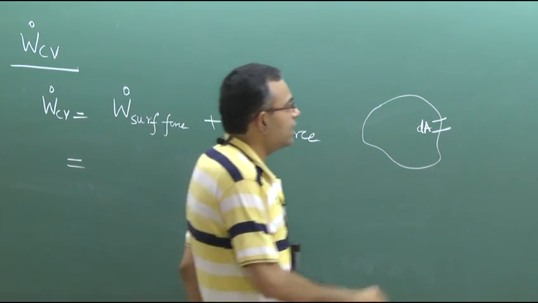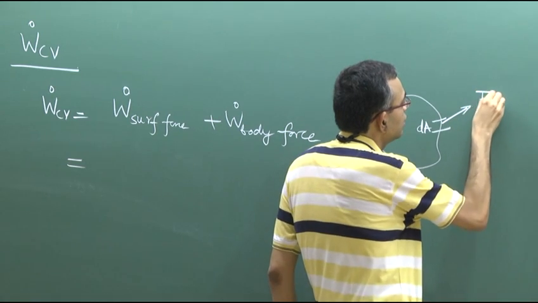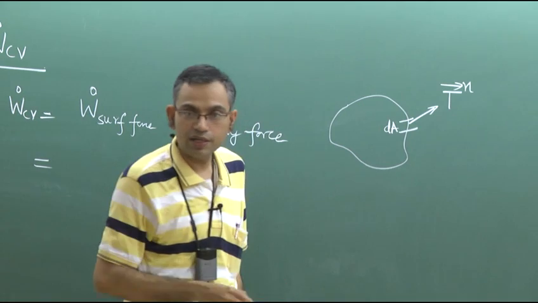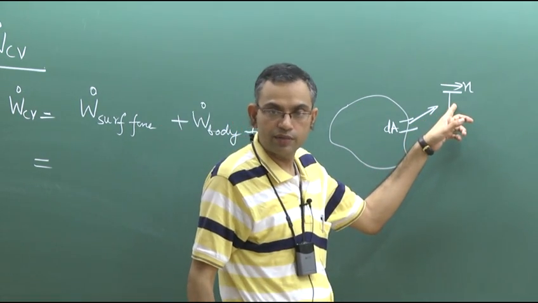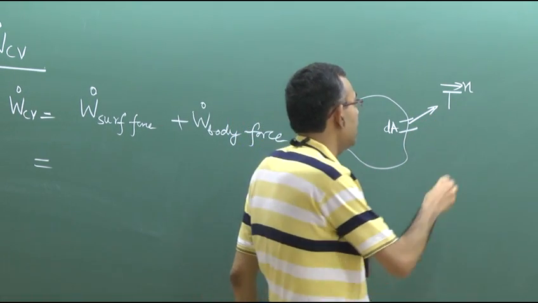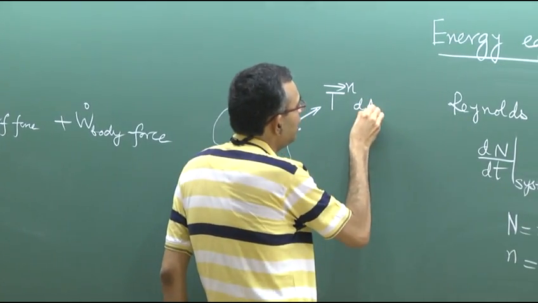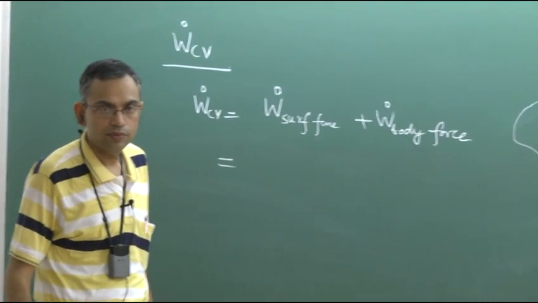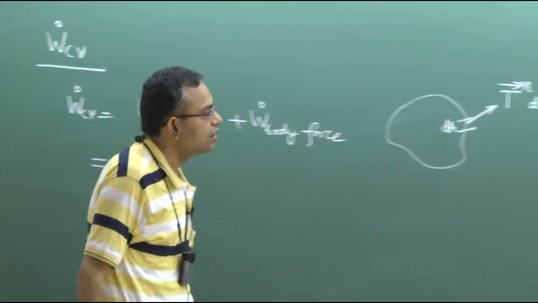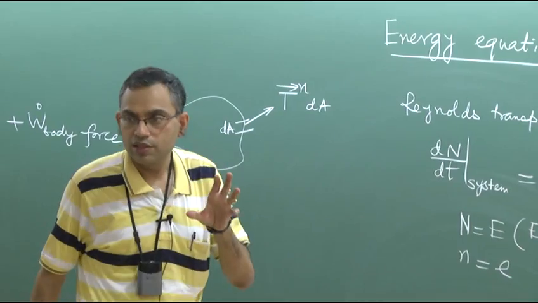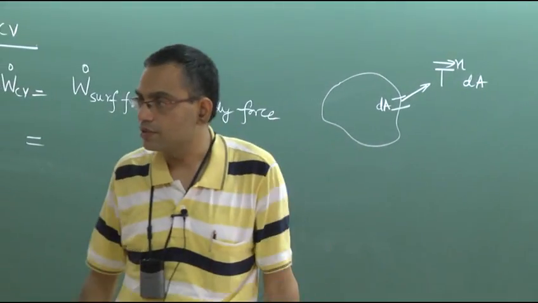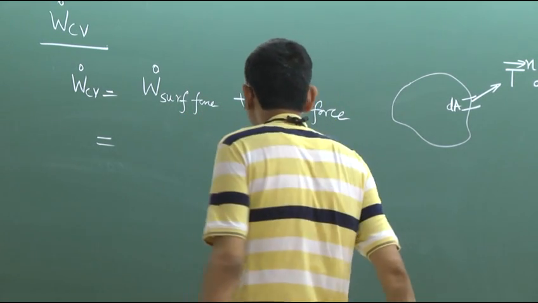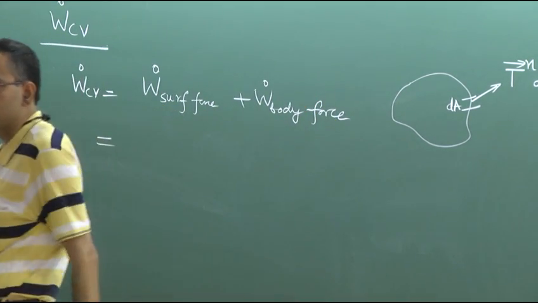Recall that that is nothing but the traction vector, this is force per unit area. So, this times dA is the total force, and work done is the what? The dot product of force and velocity, rate of work done, right, W dot, that is the dot product of force and velocity.